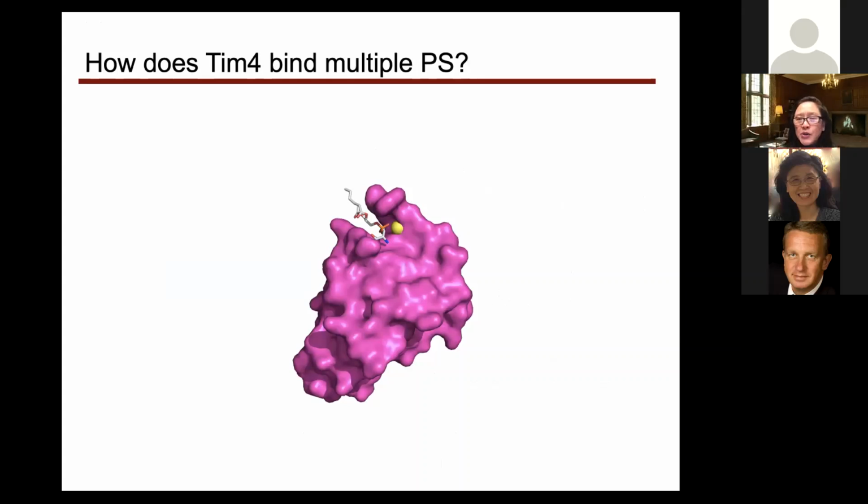What is curious is that I have shown you an X-ray crystal structure that has a single binding site. So the question is, why is the Hill coefficient not 1, but a number that suggests multiple binding? In fact, it is greater than 2, which would be associated with, on average, 3 PS lipids on top.